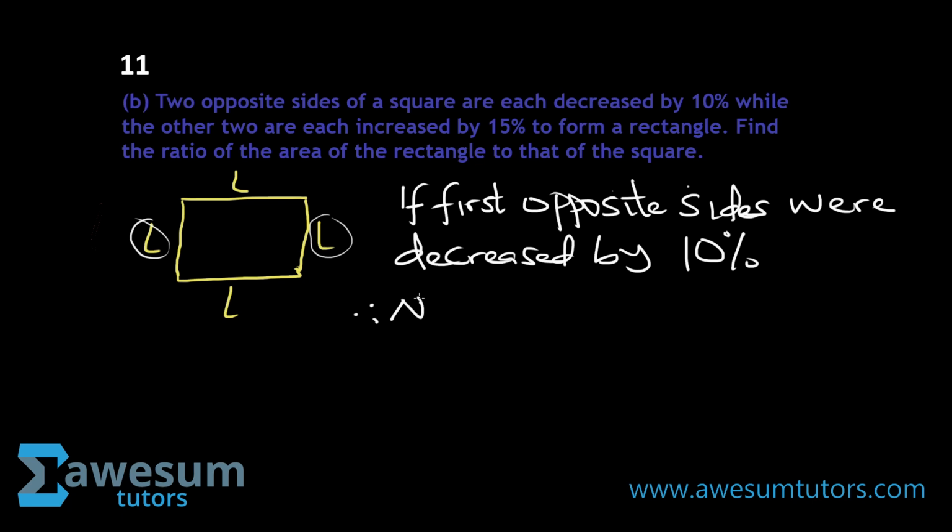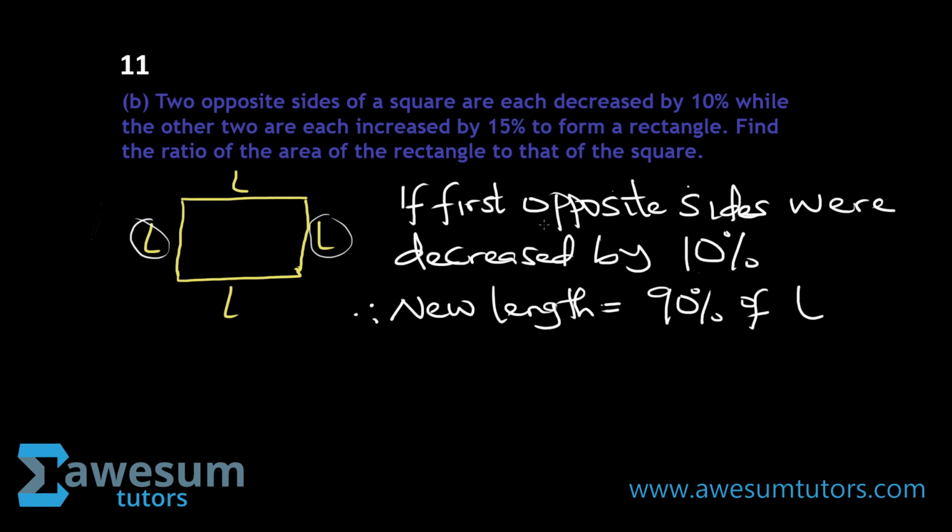That means we can say the new length of that will be 90% of L. It's going to be 90% of the length, right? Why did we say that? We were told that these two opposite sides, that is their length, are each decreased by 10%.